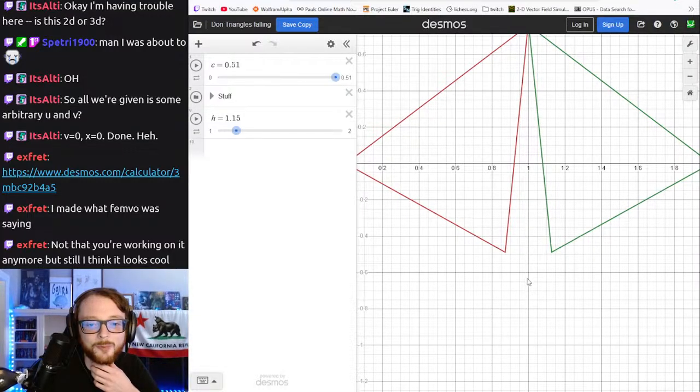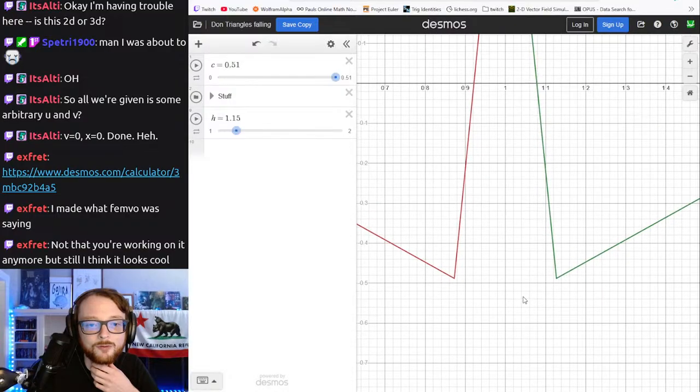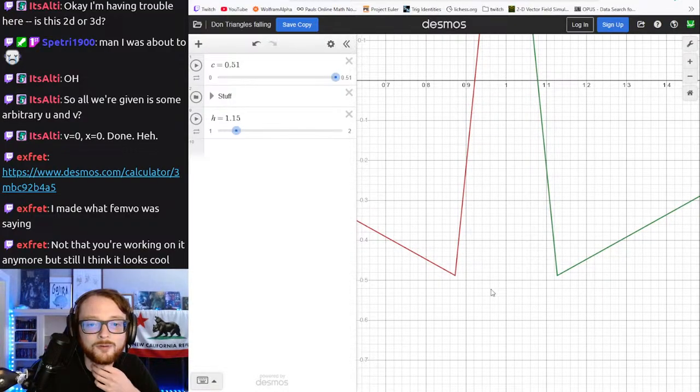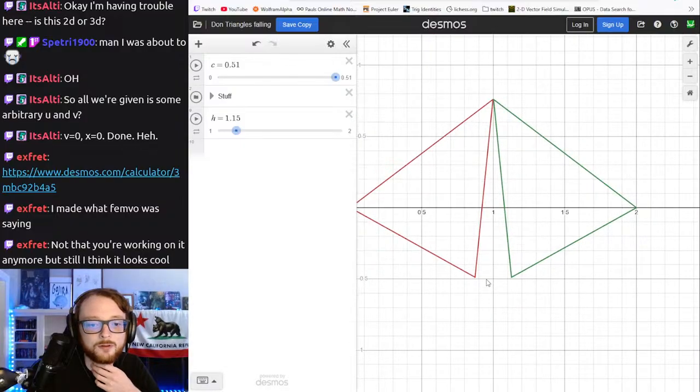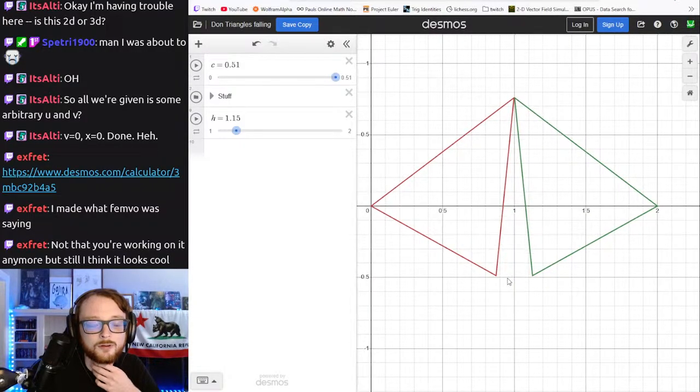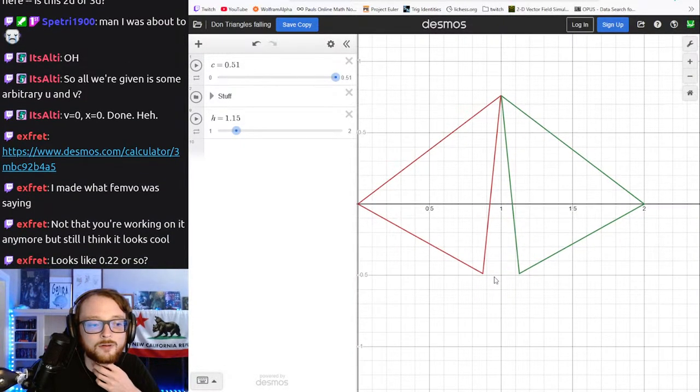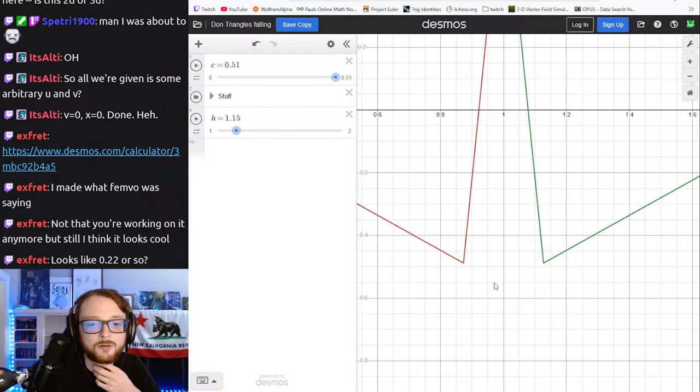Oh, I guess it's a little bit hard to measure it with this. It's a lot smaller than V. Yeah, something like 0.22.